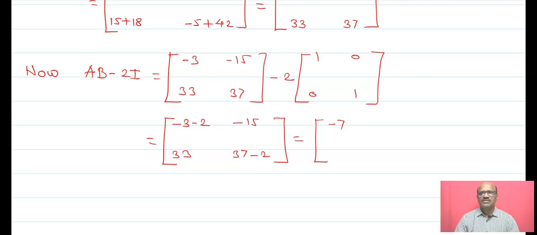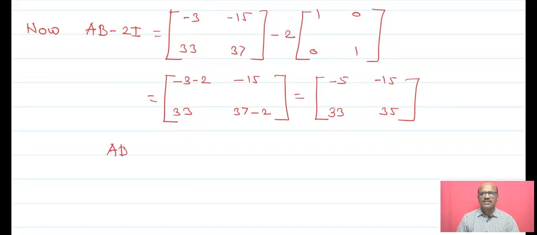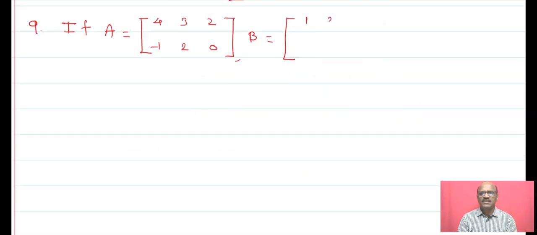A small mistake was done there. Now I am repairing it. Therefore, the first is minus 5. Now next is like this. You can see. Therefore, minus 5, minus 15, 33, 35. This is number 2.